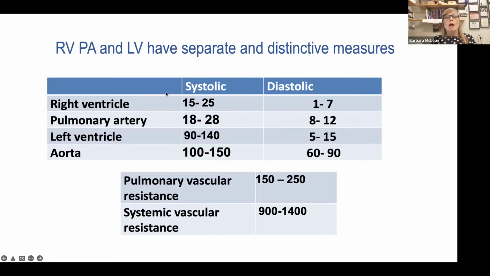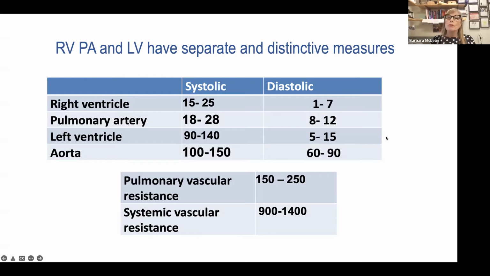RV diastole is much lower than PA diastole. LV diastole is a bit higher. And that's why your PA diastole is higher, because the pulmonary artery goes into the pulmonary veins, fills the left atria, fills the left ventricle.